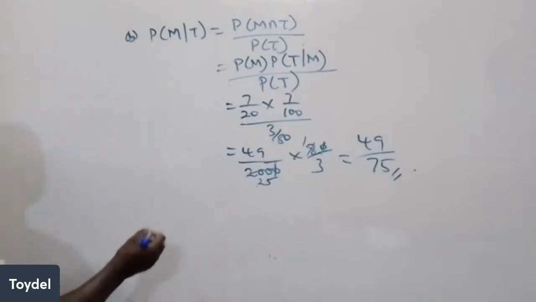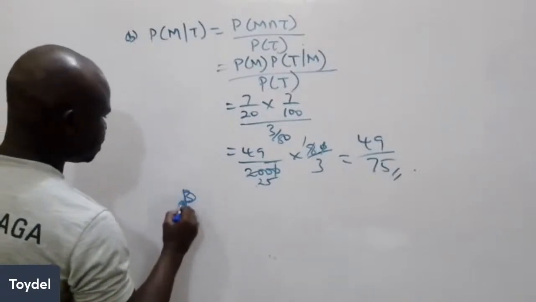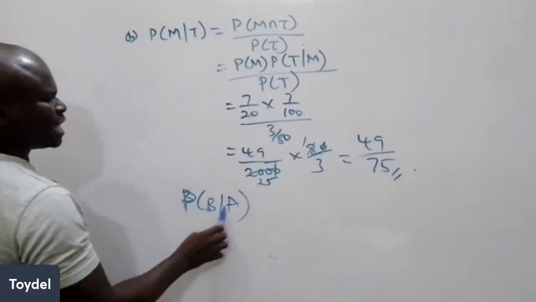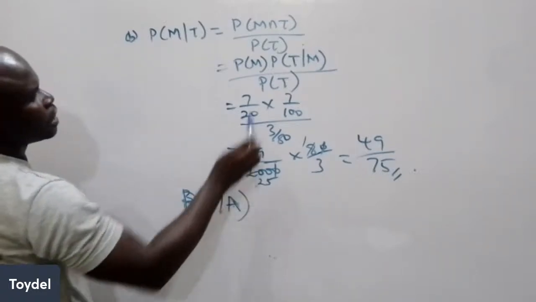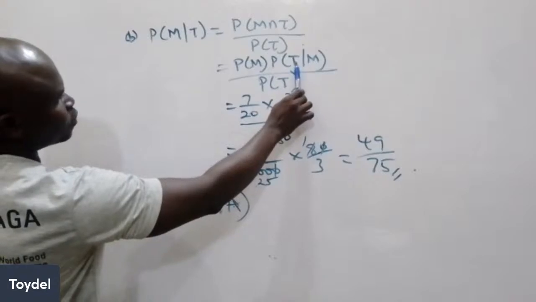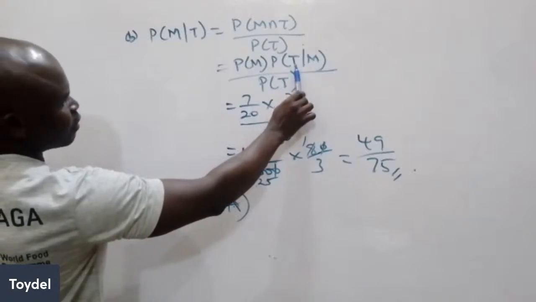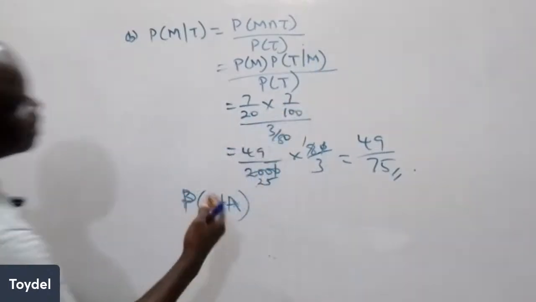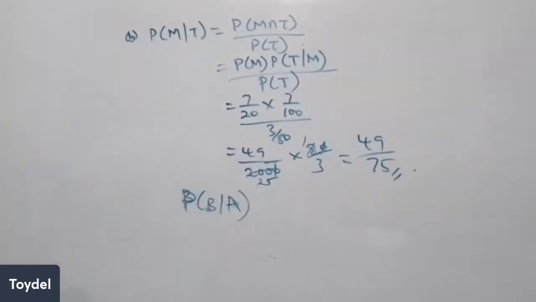And let's know that when we have probability of B slash A, it simply means probability of B, given that A has occurred. In this case, it's the probability of a student taller than 1.8, given that they are male students. So please let's look at how to set those conditions.